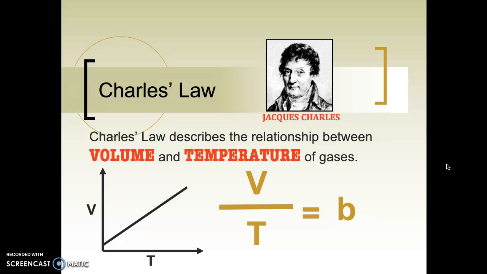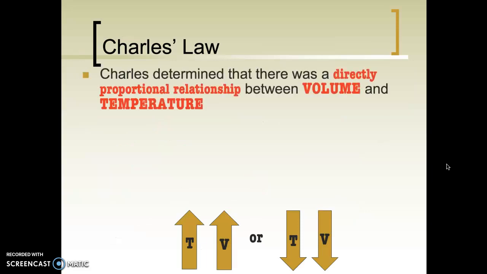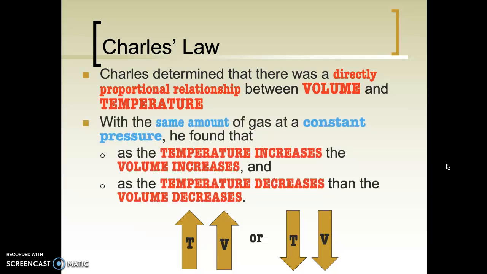Okay, so how can we describe this even furthermore? We can say then that volume and temperature are directly proportional to each other. Okay, unlike with Boyle's law, where we had inverse proportionality, here we have direct proportionality. What does that really mean? That means when you have the same amount of gas that is at a constant temperature, that means the number of particles and the amount of pressure is not changing.